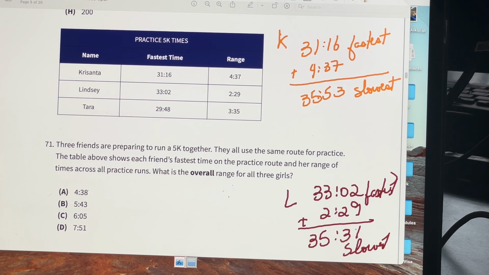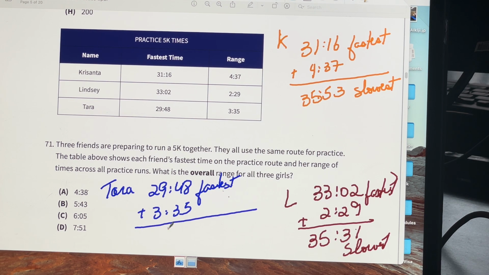And then we have Tara. Tara ran pretty fast, 29 minutes and 48 seconds. That was her fastest time. And then we're gonna add 3 minutes and 35 seconds to that. So if we add 8 and 5 is 13, carry 1.